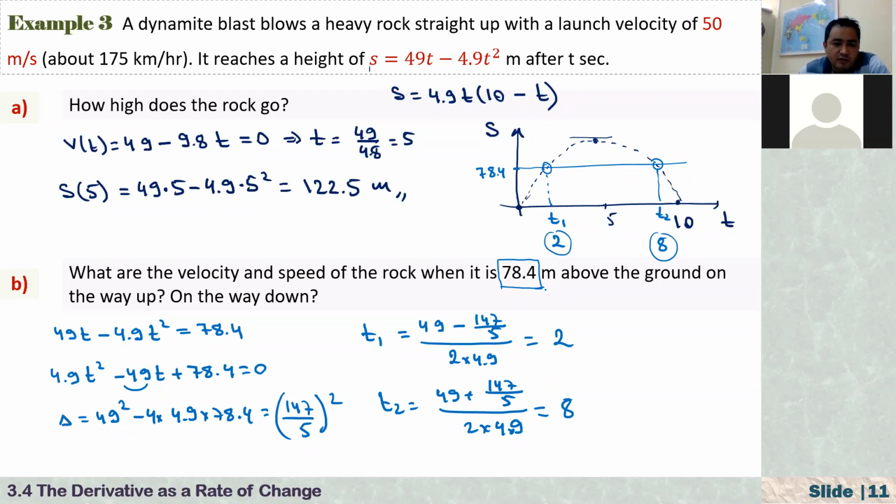Okay, what is the question? What are the velocity and speed of the rock when it is 78.4 meters above the ground on the way up, on the way down? Now we need to find the velocity when t is 2. What is our velocity function?